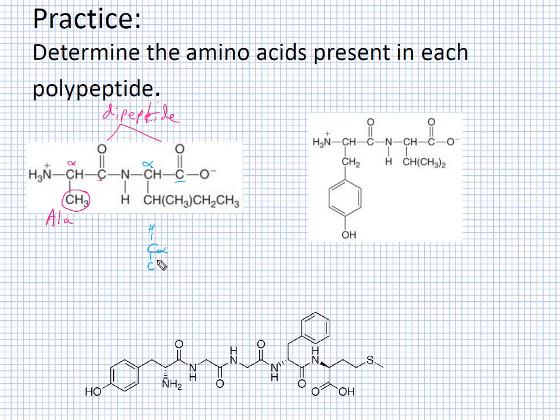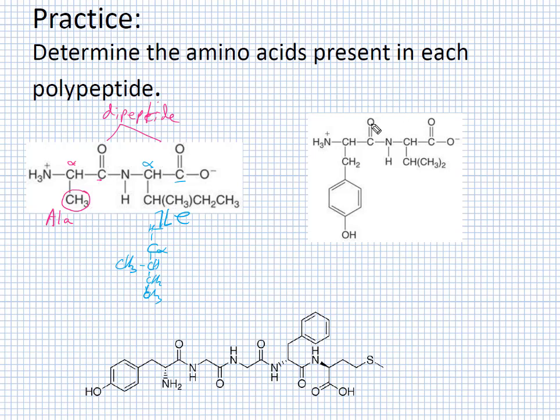We have a CH, and then there's a CH3 here, and then a CH2, CH3. Okay, so if you look in that table of all 20, you'll see this is isoleucine. Okay. So we have alanine and isoleucine.